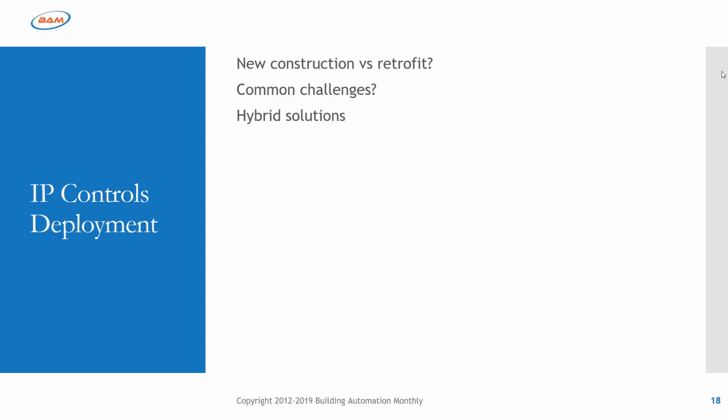MSTP is a completely open protocol. You can go and buy the ASHRAE 2016 standard and write an MSTP BACnet stack. I myself have written BACnet stacks in code. So you can do that. There is nothing proprietary about that at all. The proprietariness is in the software to configure the controller.